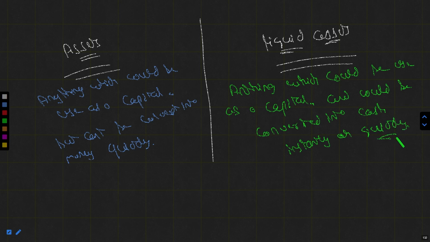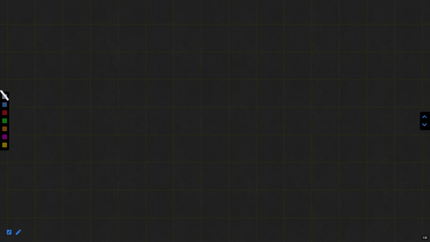This is the basic difference. All right. The asset could be anything, like a land, like a property, like a machinery. Okay. But can you convert the thing into the money as soon as possible or immediately?